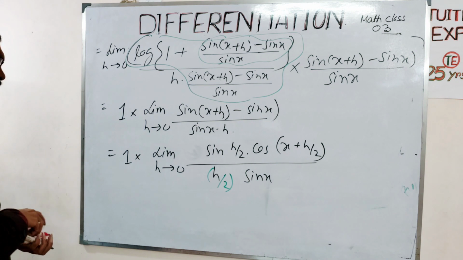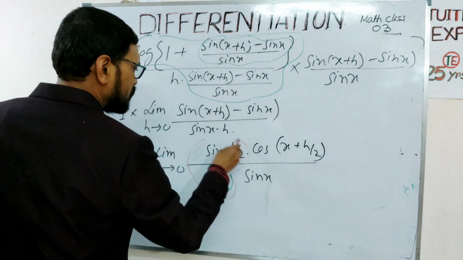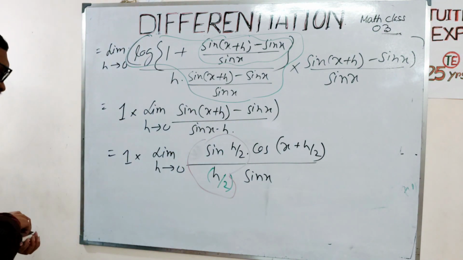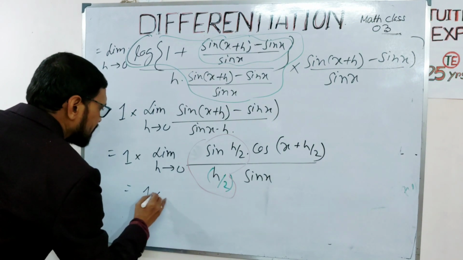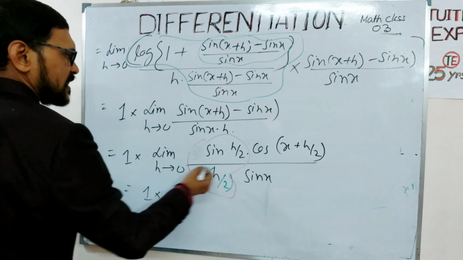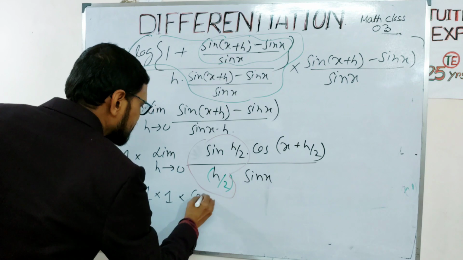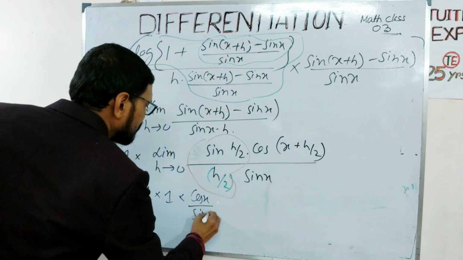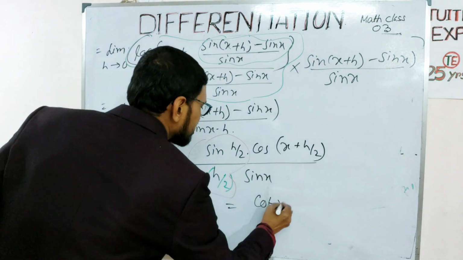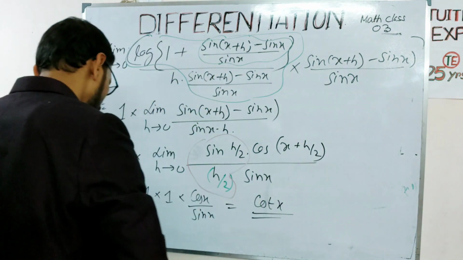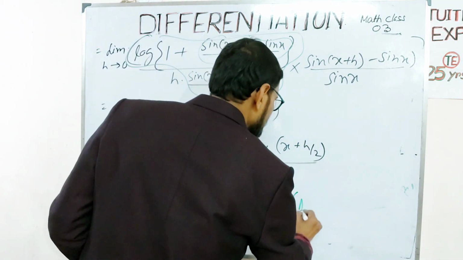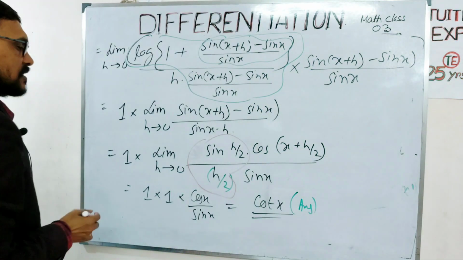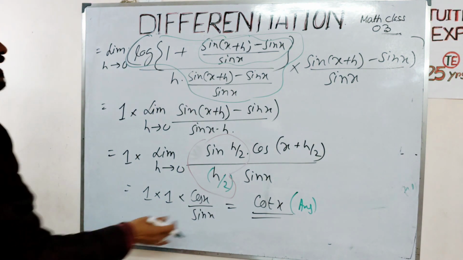So this will be one formula, sin h by 2 by h by 2, which is 1. So this is 1 into 1, and put h equal to 0 here: cos x by sin x, which will be cot x. So the derivative of log sin x is cot x.